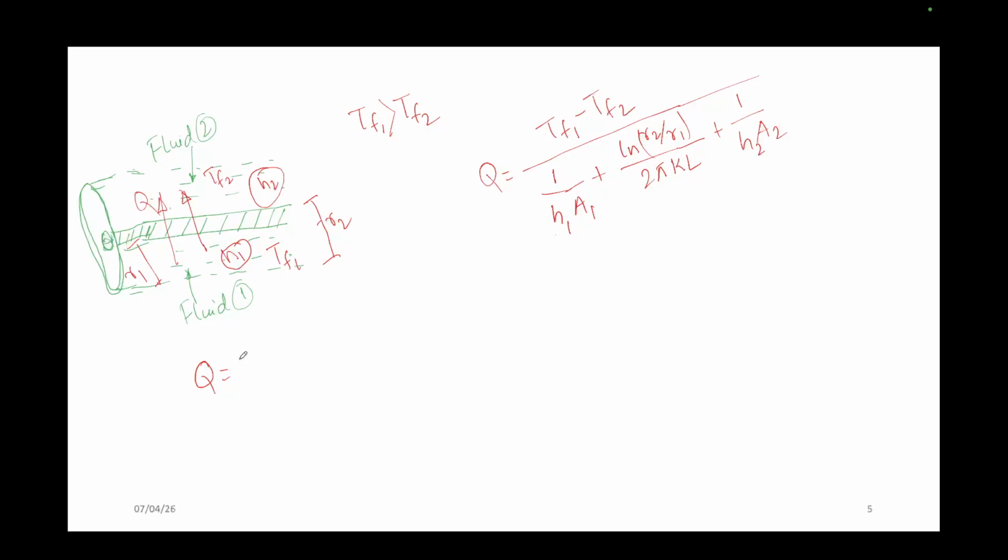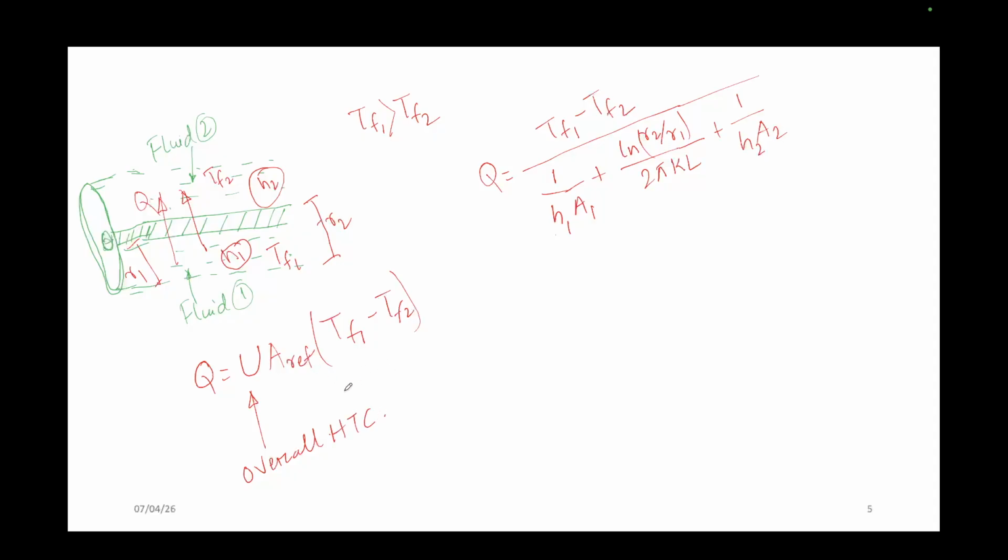So I represent this Q in terms of the overall heat transfer coefficient U. I can write Q equal to U A reference times (TF1 minus TF2). U is a term that is used to represent all these three in a single term, the overall heat transfer coefficient, right?